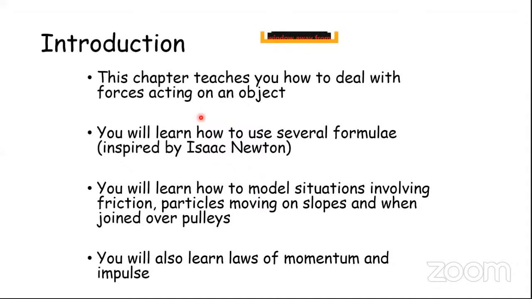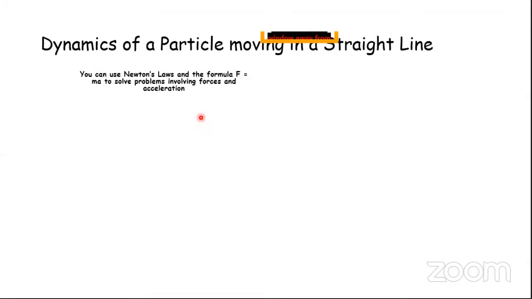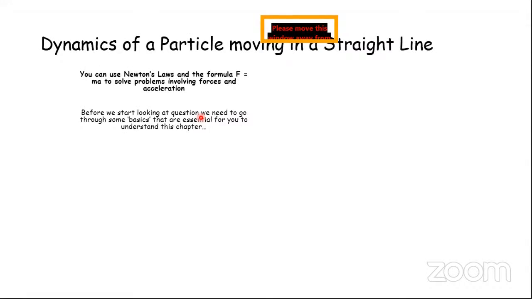We'll also learn laws of momentum and impulse. So we are beginning. All of us know that Newton's second law of motion is force equals ma, and that is what we shall majorly use in our discussion today.